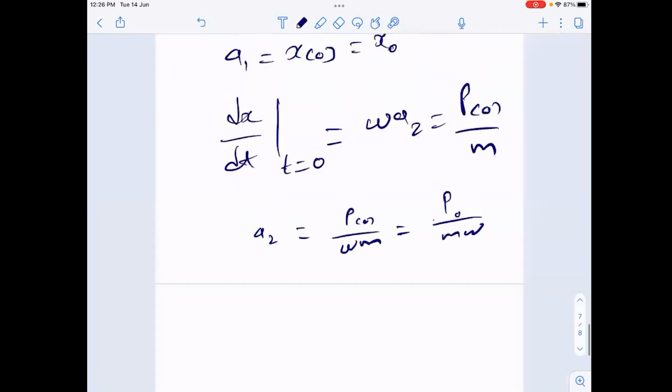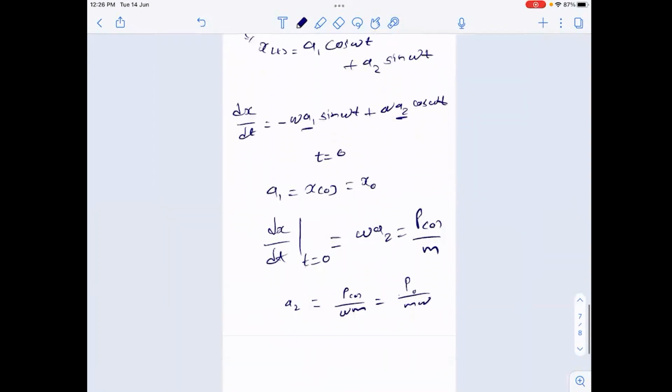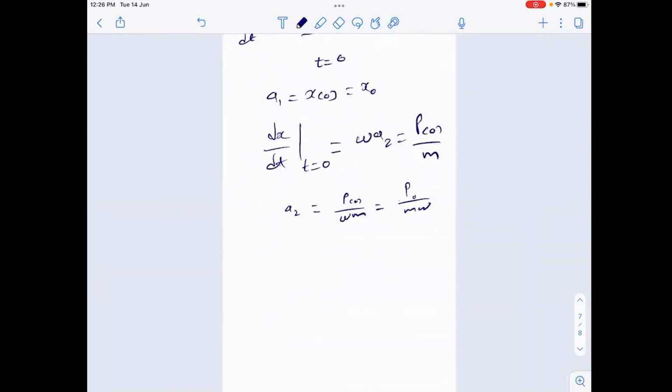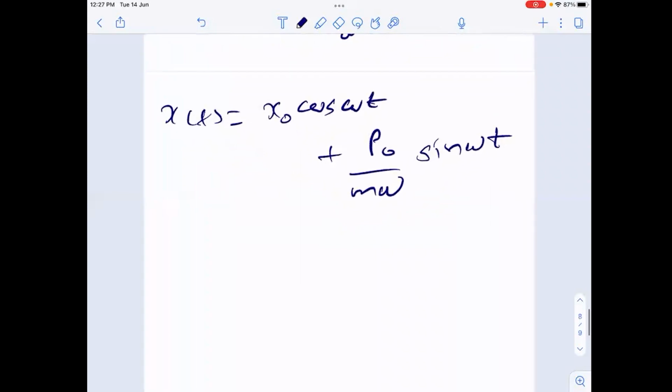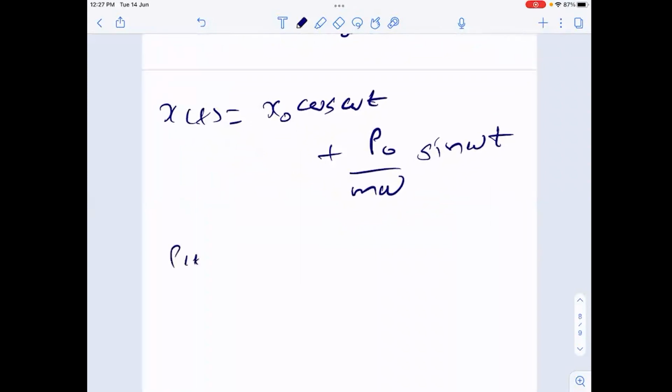Now we can substitute them in the equation of x(t). So x(t) will be x0 cos omega t plus p0 upon m omega sine omega t. Similarly, we can have p of t.